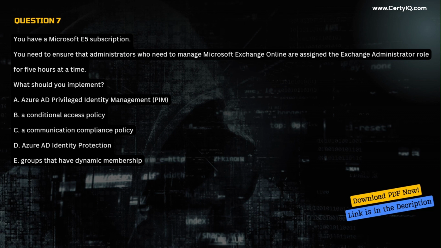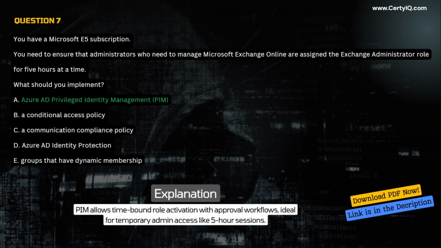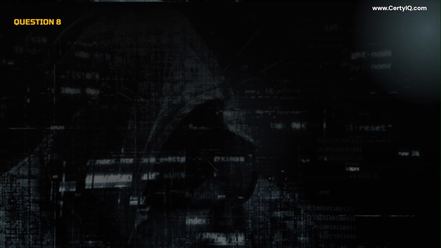D. Azure AD Identity Protection. E. Groups that have dynamic membership. Correct answer A. Azure AD Privileged Identity Management (PIM). Explanation. PIM allows time-bound role activation with approval workflows, ideal for temporary admin access like 5-hour sessions. Question 8.